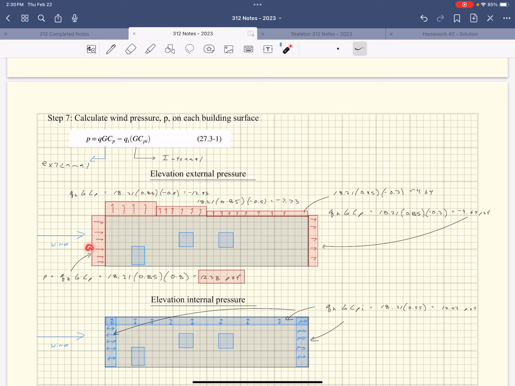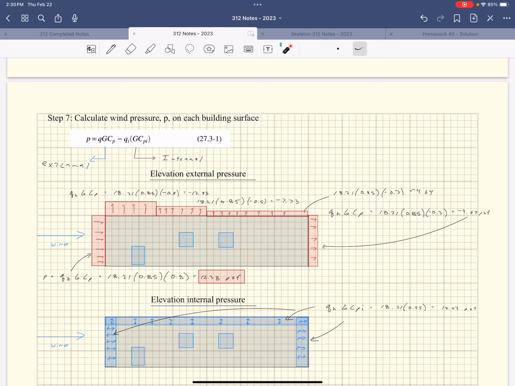If I'm on this wall, or am I on this wall, or am I on the roof, or am I on the sides, right? My CP is going to vary based on that. So that's the external pressure. All this first part of the equation is the external pressure. This part of the equation is the internal pressure, right? And this could either be the building being blown up like a balloon, or the building being sucked down, like there's a negative pressure on the inside pulling on the inside of the structure.